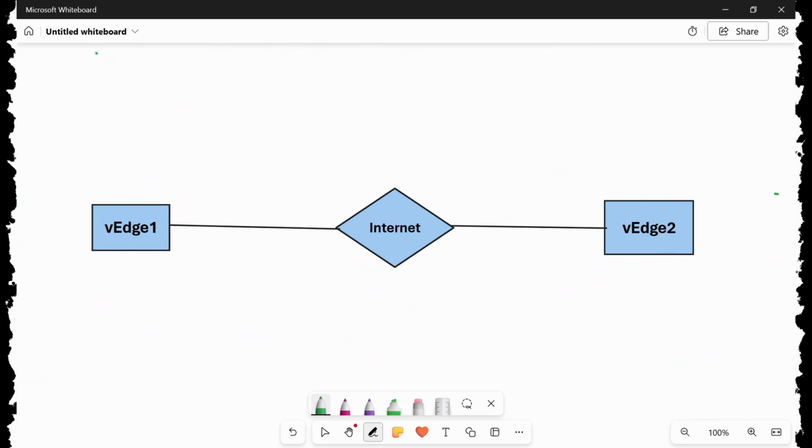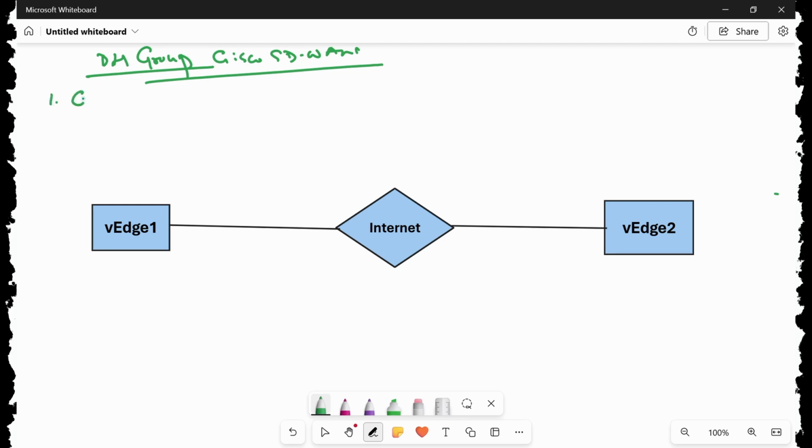The other thing is the Diffie-Hellman group. Cisco SD-WAN has multiple DH groups, and each group offers a different level of security.